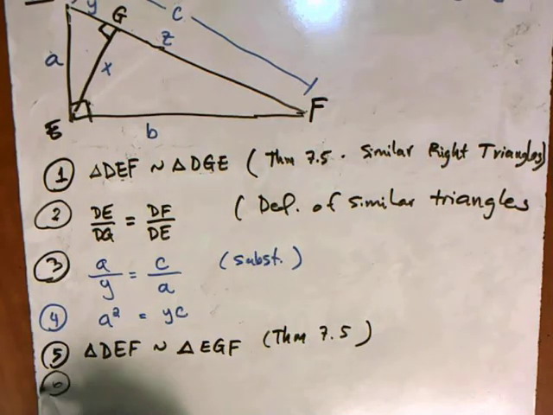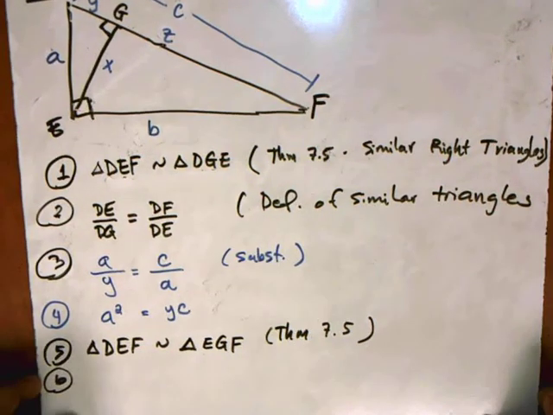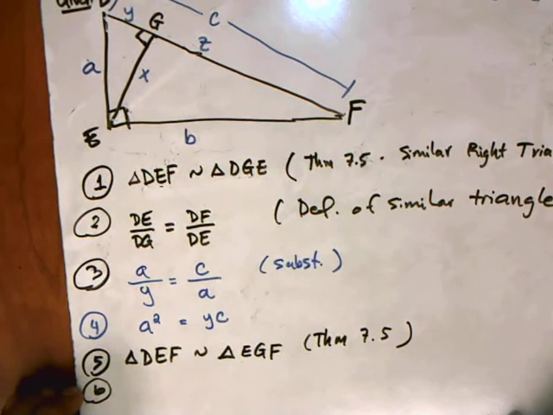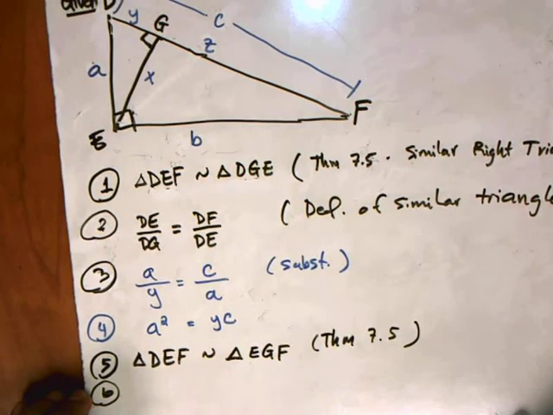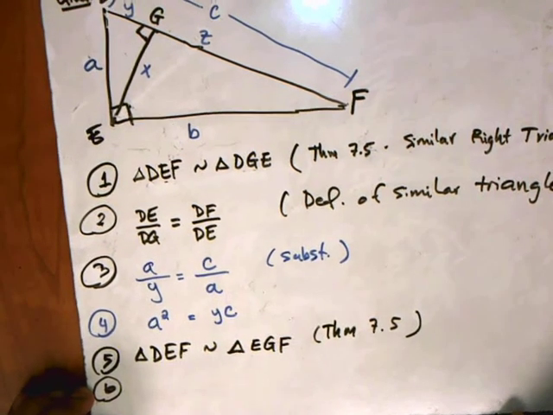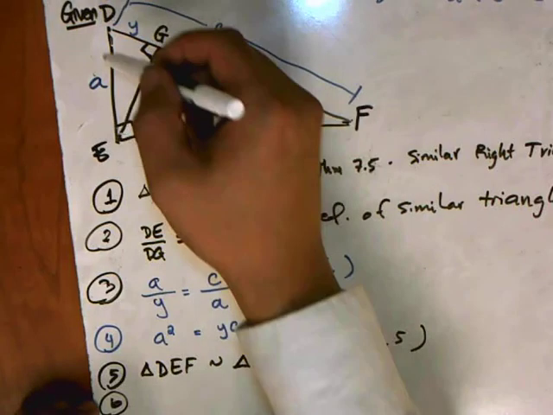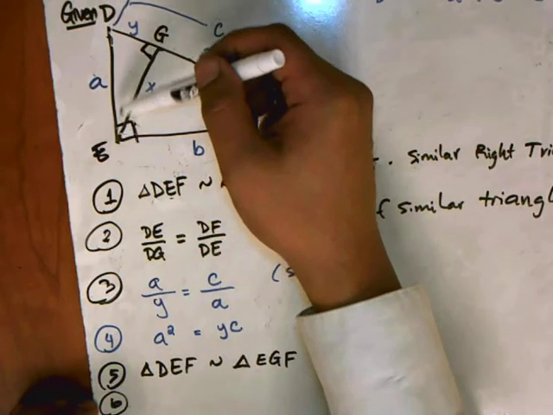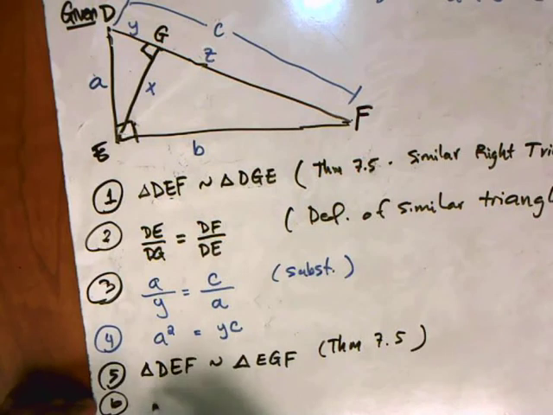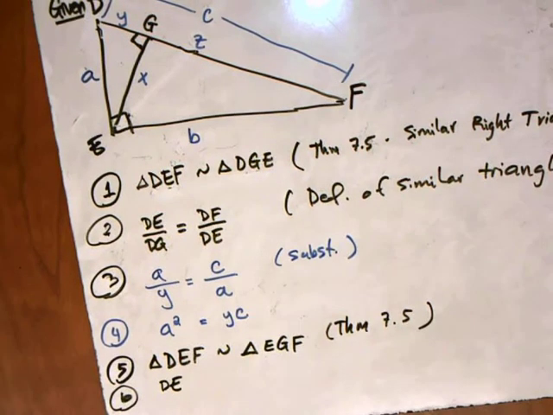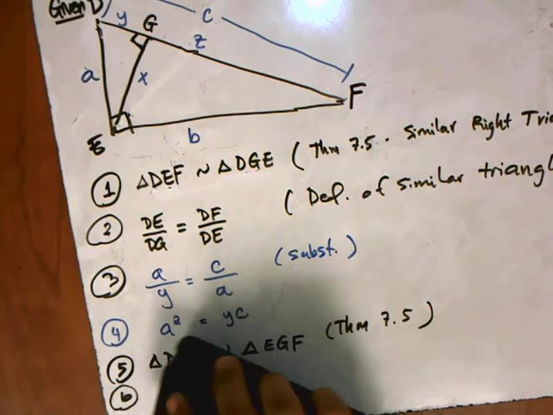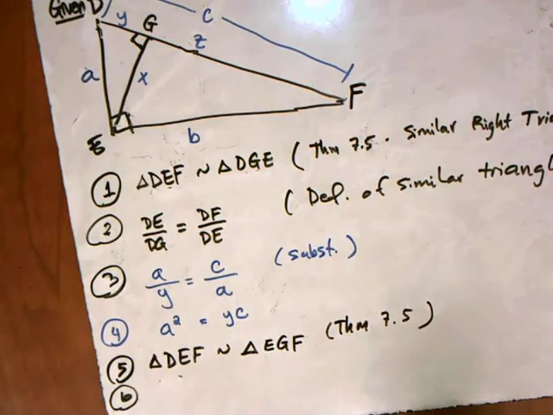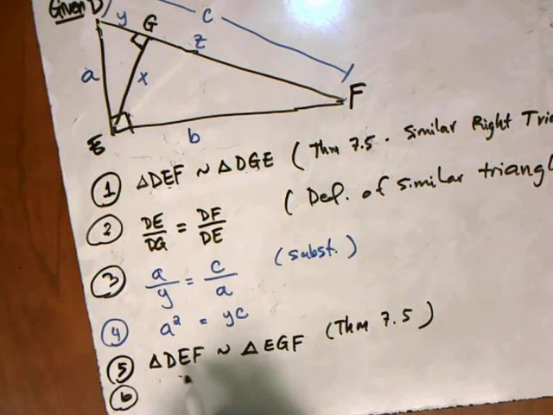So because these two triangles are similar, I can write a proportionality statement for them, just as I've done for the previous one. In this case, I want to use a different side that's a little bit more helpful to us, so I'm going to use EF.